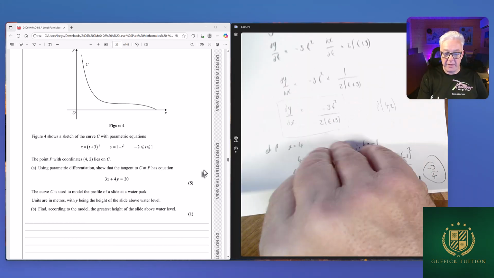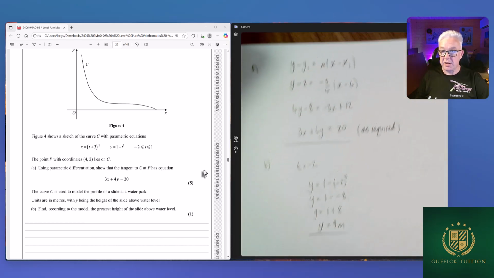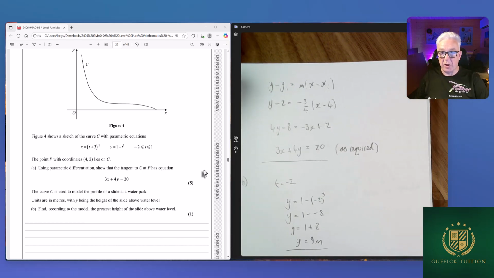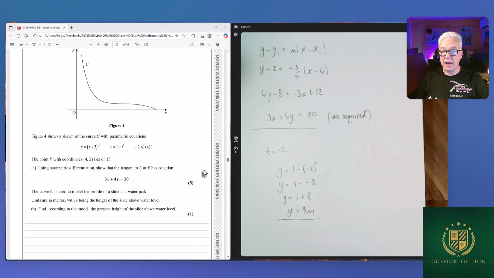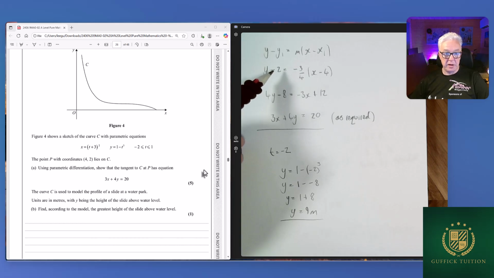So now we have everything we need in order to find our equation, because we have a gradient and we have a point as well. So let's bring those things together. What we've got now is y − y1 = m(x − x1). We've got the point P with a y value of 2 and an x value of 4.